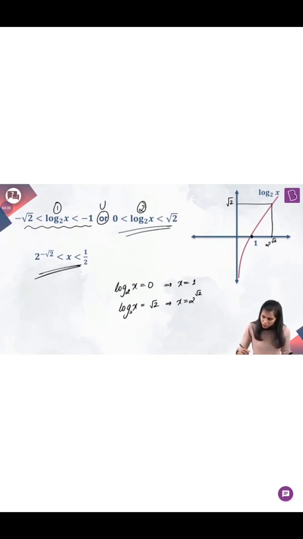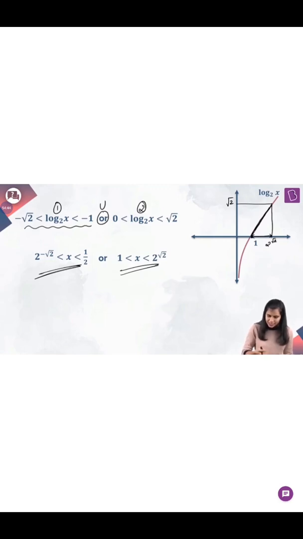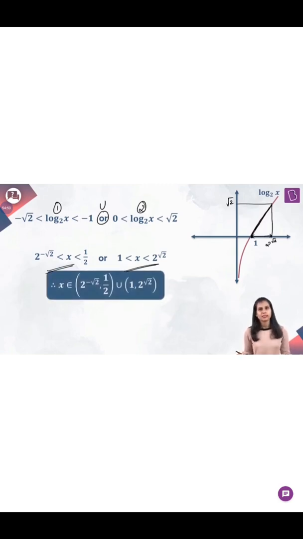So if I want log x to be between 0 and root 2, this part of the graph I'm interested in, x compulsorily will have to be between 1 and 2 to the power root 2, and that's it. This is the solution set corresponding to the second inequality. Got my point? So this interval union this interval will be my final solution set.